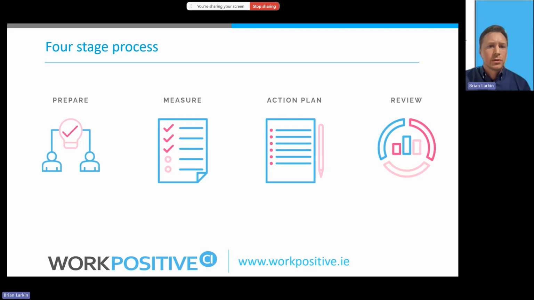So Work Positive is structured and aligned with the Plan, Do, Check, Act risk management model. And as risk professionals, many of you will be familiar with this: planning and preparing. So essentially recognizing the risk, identifying the risk, securing that buy-in from senior management, and setting out a project plan. The do stage, or the measure, is collecting and analyzing data through an employee survey and other indicators of work-related stress or critical incident exposure in the workplace, such as absenteeism.